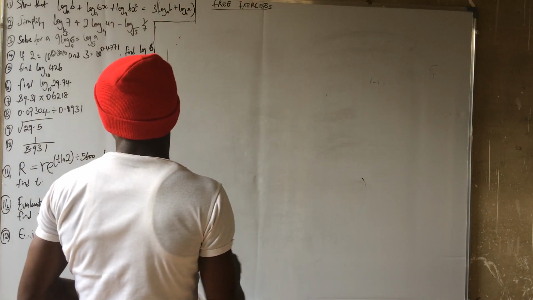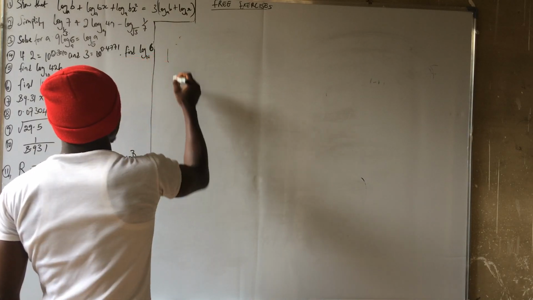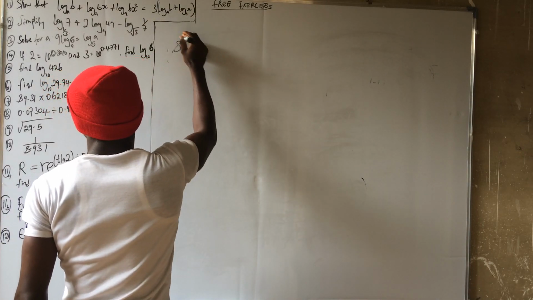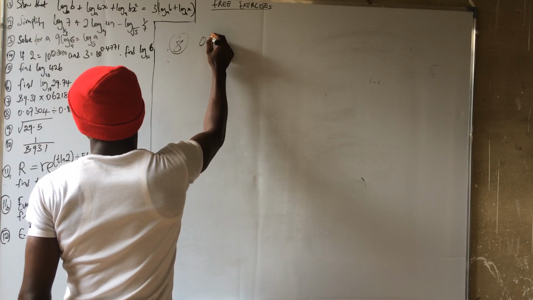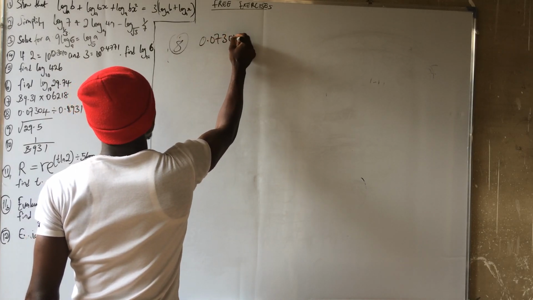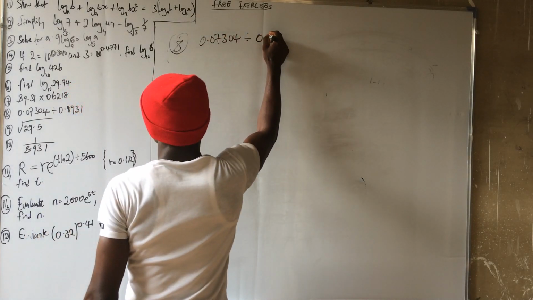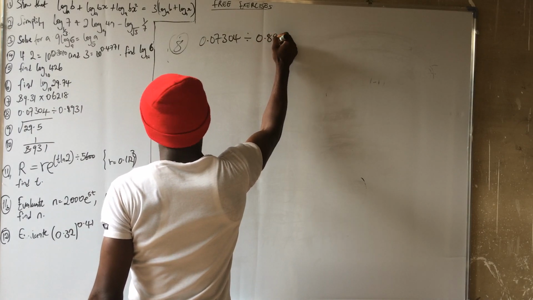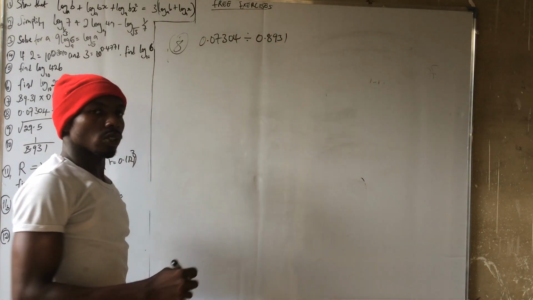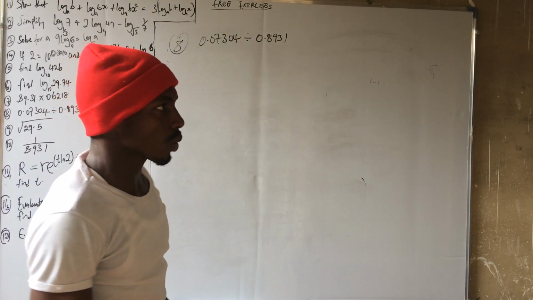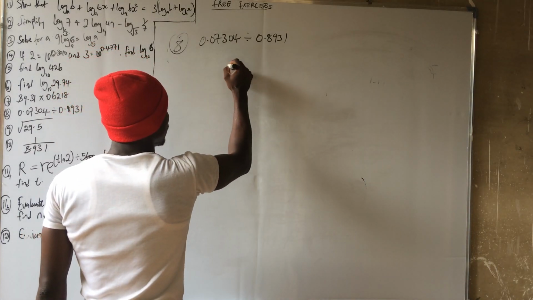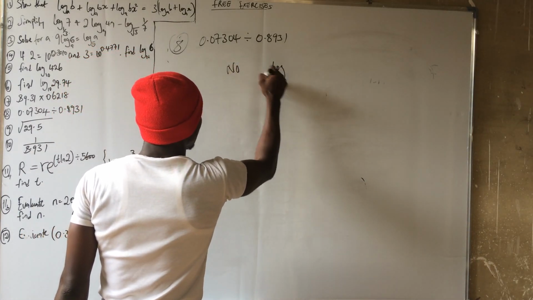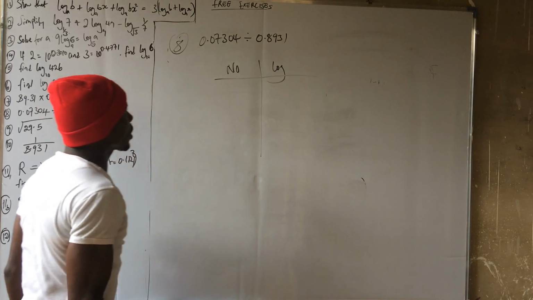So we'll go back to number 8. Number 8 says 0.07304 divided by 0.8931. I'm going to show us how to solve this. So now, with logarithm again, what is the first thing we do?